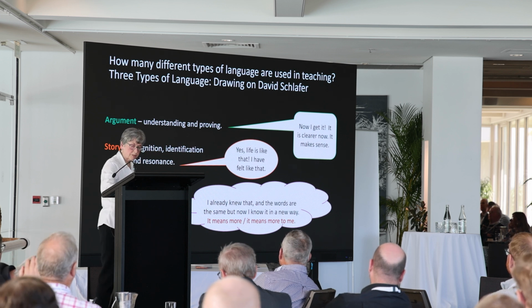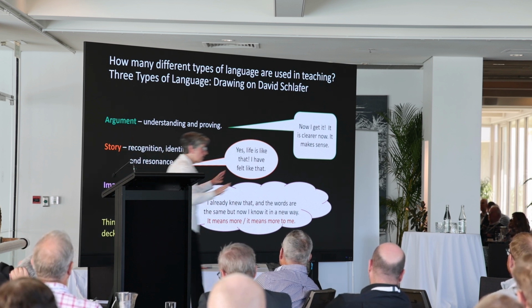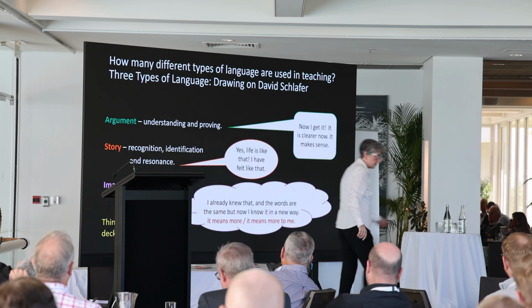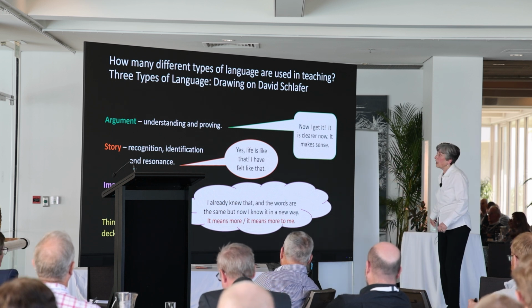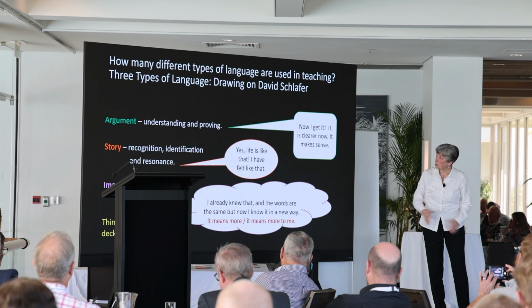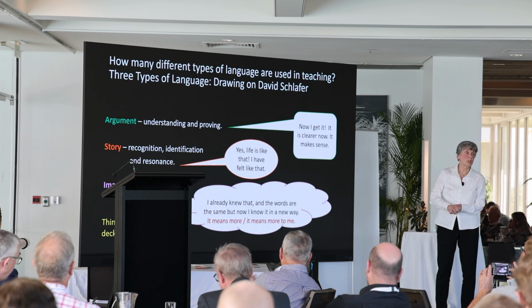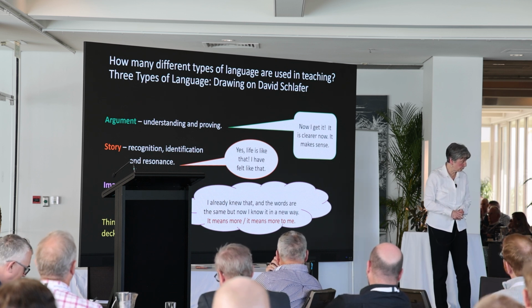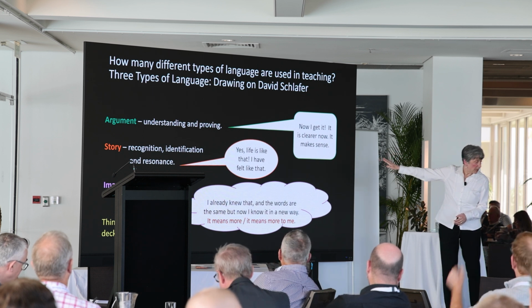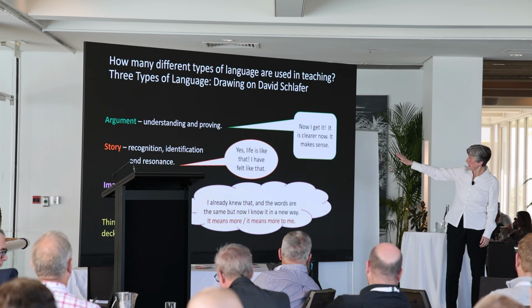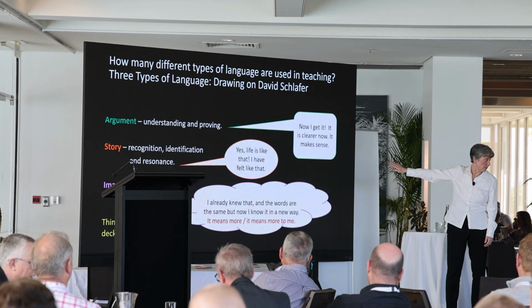This is a very, very simplified version of David Schlaffer's thing about language. Three basic types. Argument, which is understanding and proving. And at the end of that, you tend to get, now I get it, it's clearer, it makes sense.